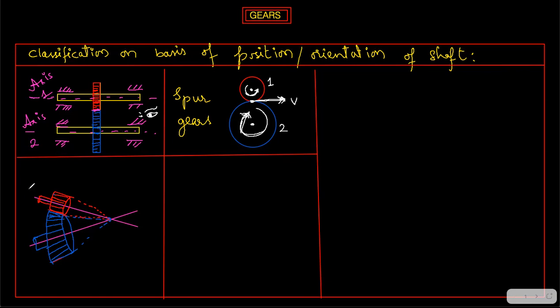Let's say this is axis 1 and axis 2. Fine. So these type of gears are called bevel gears. So these type of gears are called what? Bevel gears, where the axes intersect.